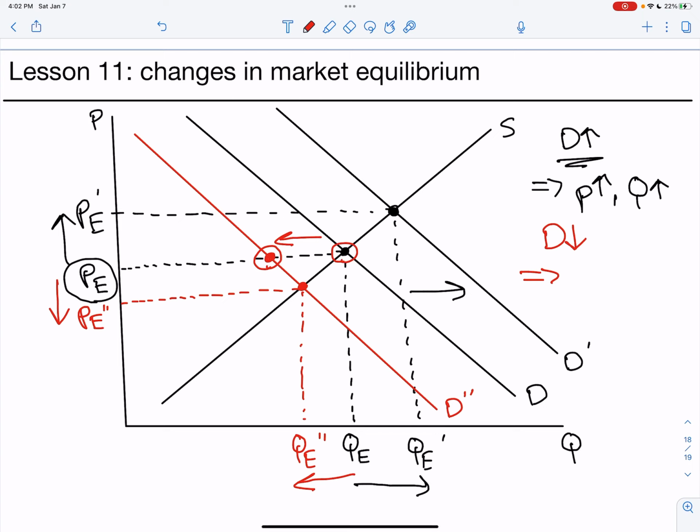That is a surplus, and that puts downward pressure on prices, as we discussed in previous videos. And as price goes down, suppliers supply less of the good, so quantity moves to the left. So that's shift in demand. And now let's talk about a shift in supply.